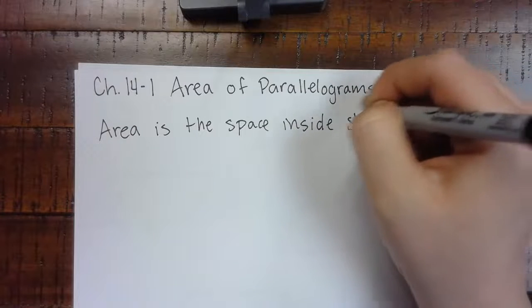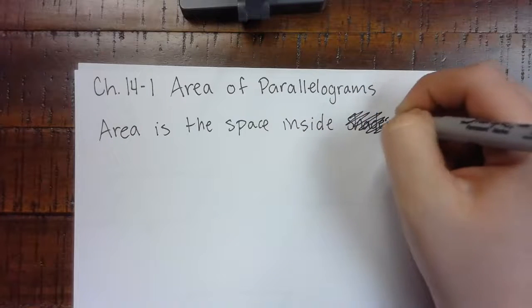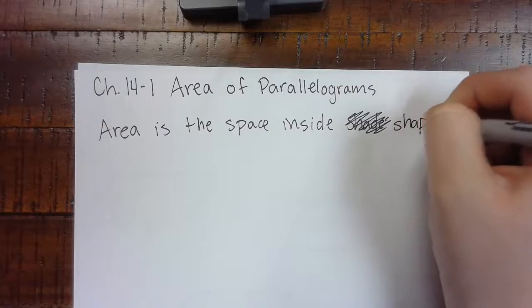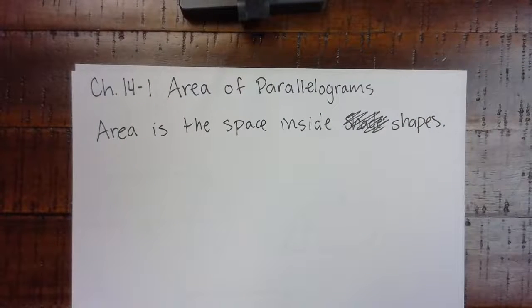Ooh, I'm sorry, misspelled that. Alright, so that's what area is. Area is the space inside any shape that is given to you. So as we go through this chapter, we're going to be referring back to different formulas that we can use to find area of different shapes when we're just given the length of the sides.